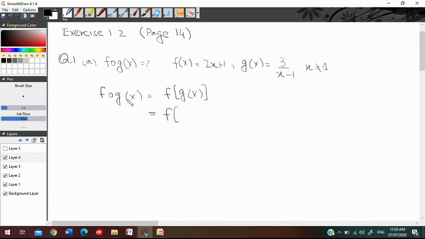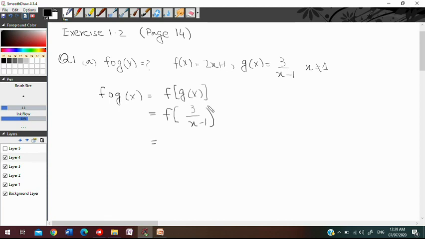f naught g of x means f will remain the same here first, and instead of g of x we will write the value of g of x. And what is the value of g of x? Here we have g of x equal to 3 divided by x minus 1. Now f of 3 divided by x minus 1. Which type of function is f of x? When we substitute x in this function f, we get x multiplied by 2 plus 1.